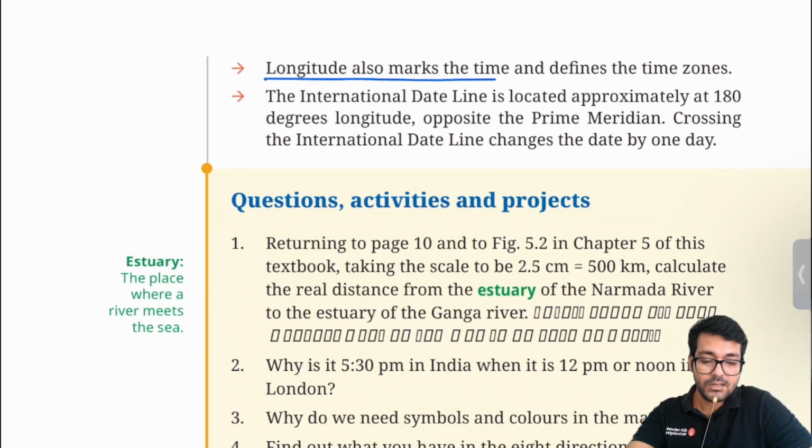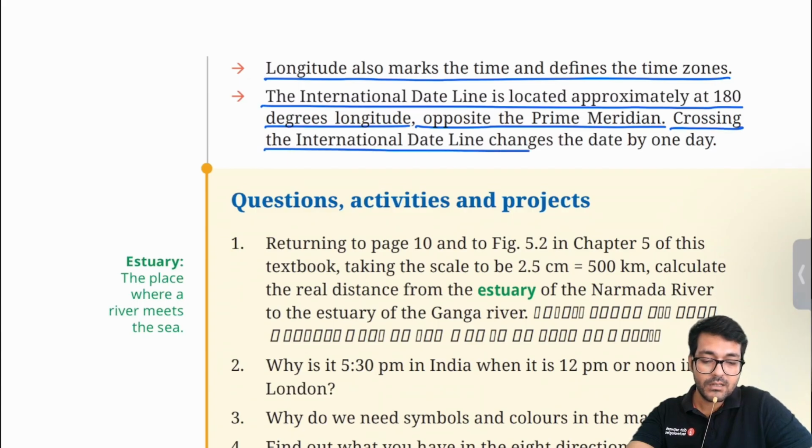Longitude also marks the time and defines the time zones. The international date line is located approximately at 180° longitude, opposite to the prime meridian. Crossing the international date line changes the date by 1 day.